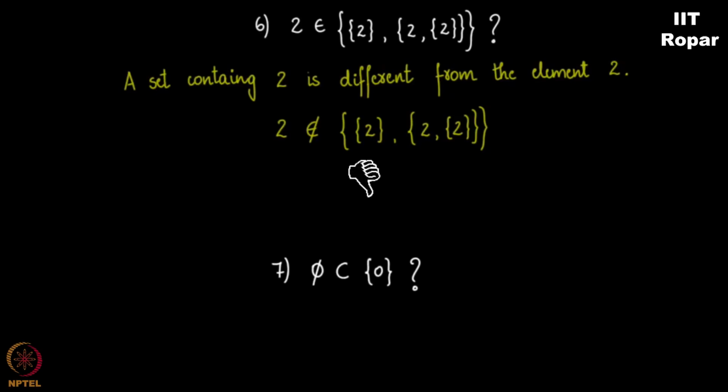In fact, we discussed already that empty set is indeed a subset of any possible set that you can think of. In particular, a set comprising of 0 is no exception. So indeed, an empty set is a subset of a set containing 0. So this happens to be true without doubt.